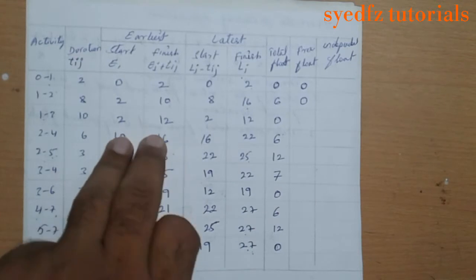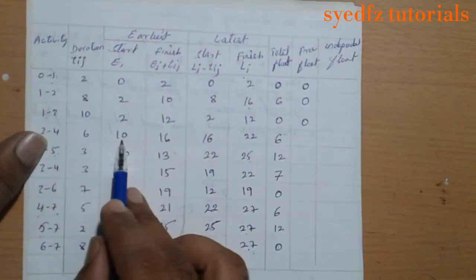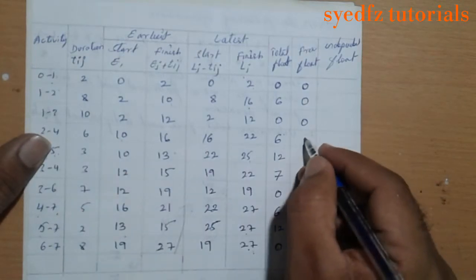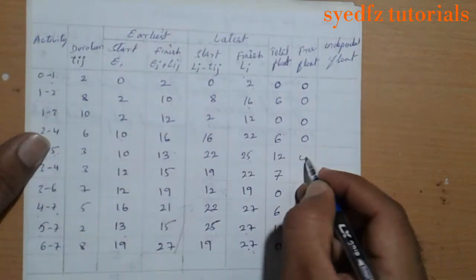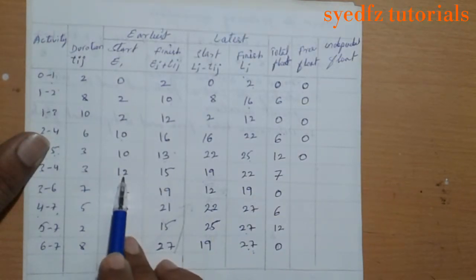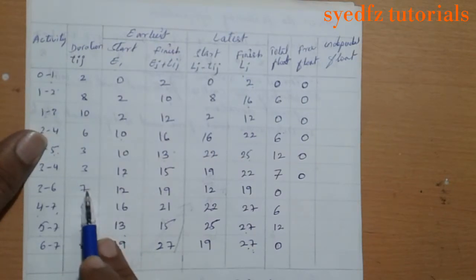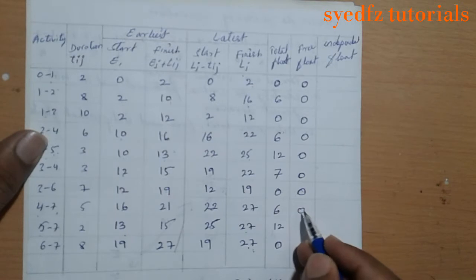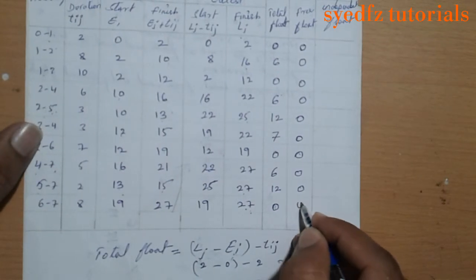Like this one: 12 minus 2, 10. 10 minus 10, 0. 16 minus 10, 6. 6 minus 6 is 0. 13 minus 10 is 3. 3 minus 3 is 0. 15 minus 12 is 3. 3 minus 3 is 0. 19 minus 12 is 7. 7 minus 7 is 0. 21 minus 16 is 5. 5 minus 5 is 0. 15 minus 13 is 2. 2 minus 2 is 0. 27 minus 19 is 8. 8 minus 8 is 0. This is the free float.